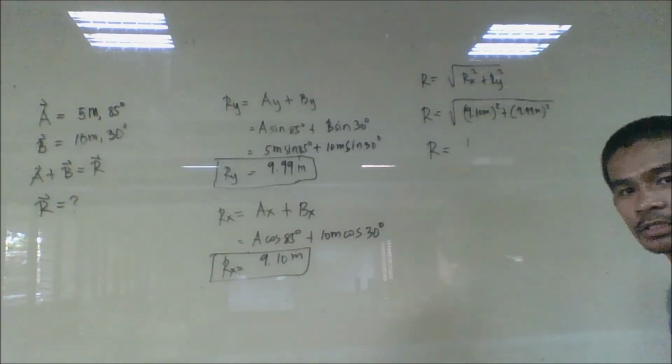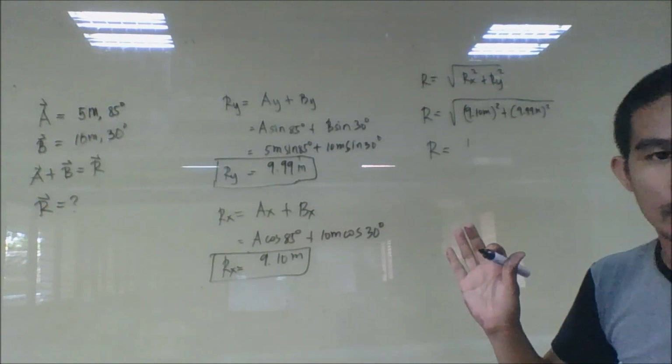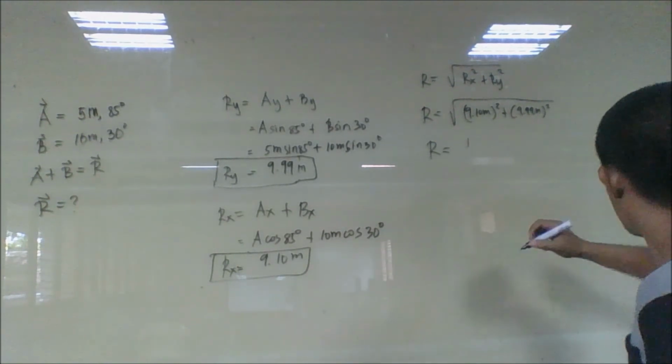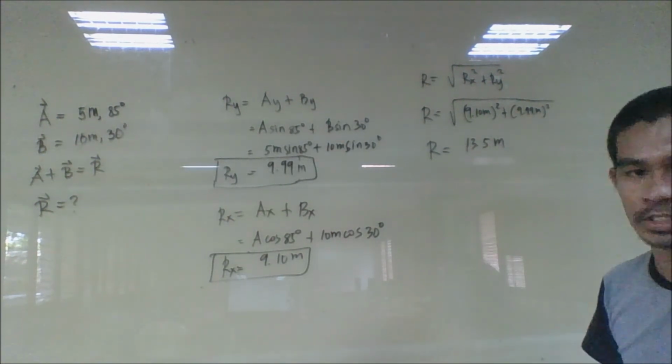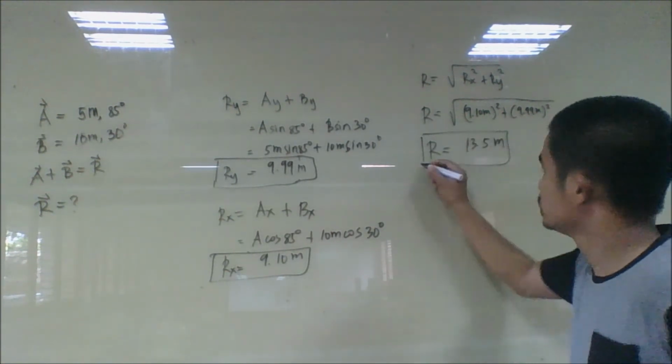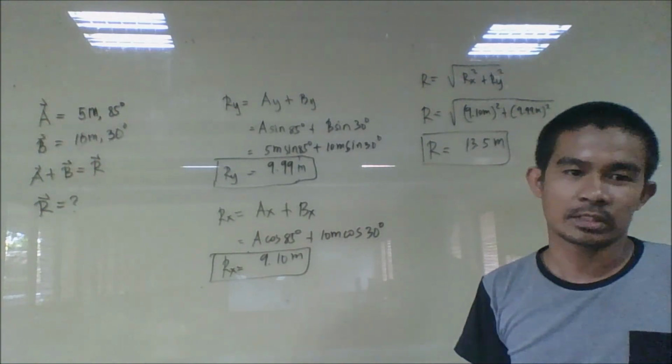You can use calculator to double check. So r here is 13.5 meters. So we have now the magnitude of vector r.